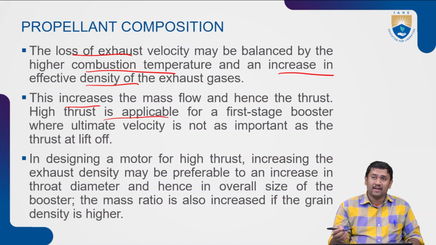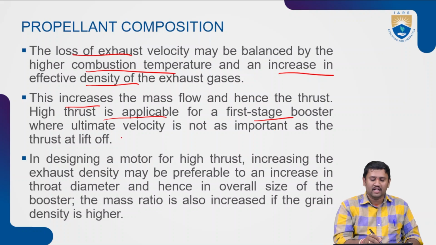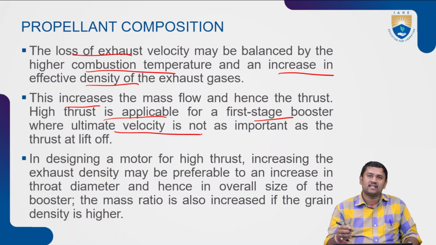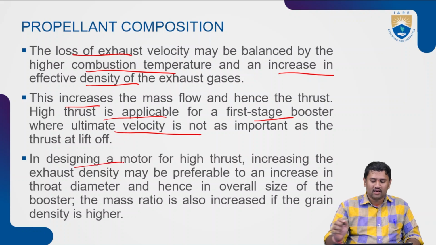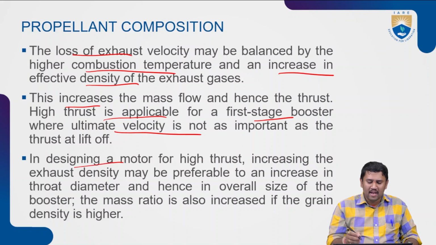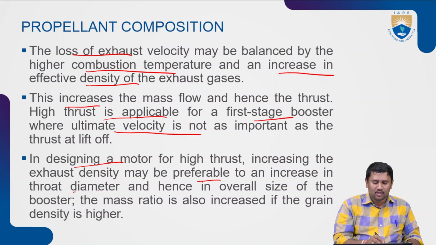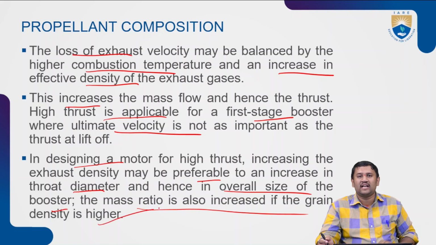The high thrust is applicable for a first stage booster, particularly the boosters that work at sea level, where the ultimate velocity is not as important as the thrust at liftoff. In designing a rocket motor for high thrust, increasing the exhaust density may be preferable to increasing throat diameter and hence overall size of the booster. And the mass ratio is also increased if the grain density is higher.